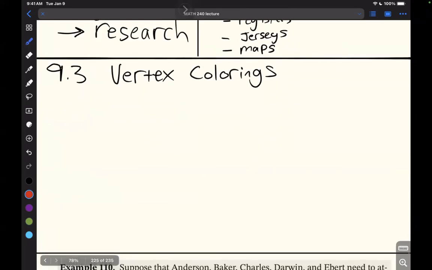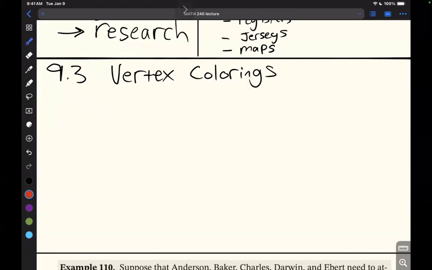So today we're talking about vertex colorings. And so this is a term. So the fun thing about this class is it's kind of like kindergarten, where first we learn how to write things, then we learn how to count things. Now we connect the dots, and now we're learning about how to color things and also conflict resolution.